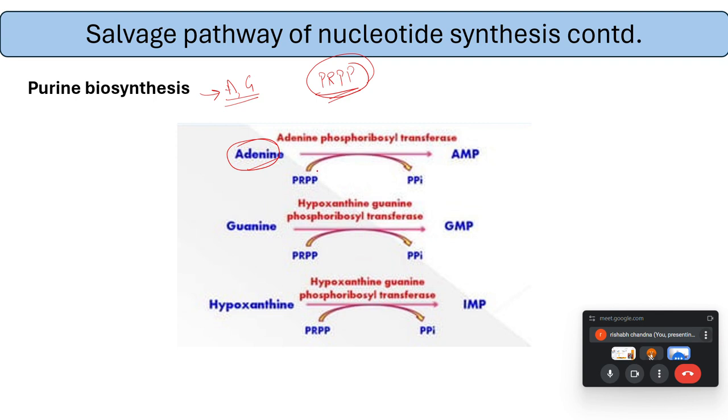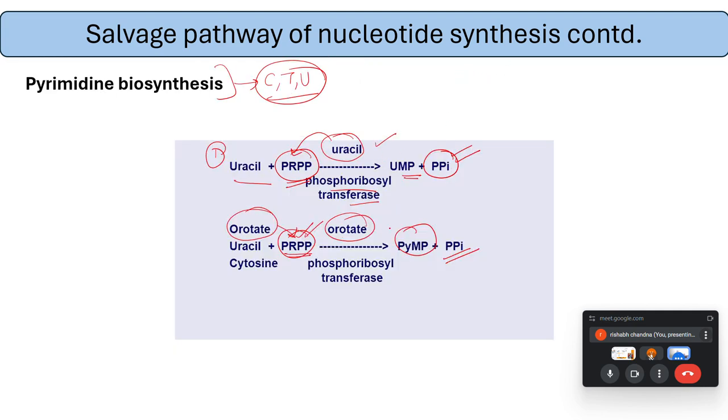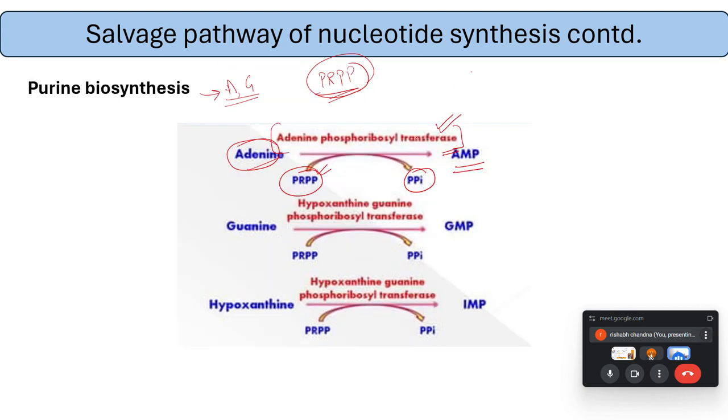Adenine interacts with PRPP and releases PPi, forming AMP in the presence of the enzyme adenine phosphoribosyl transferase. In the salvage pathway, the basic difference is the type of enzyme involved. In uracil it was uracil phosphoribosyl transferase, in cytosine we have cytosine phosphoribosyl transferase, and similarly in adenine we have adenine phosphoribosyl transferase. This leads to the formation of AMP.